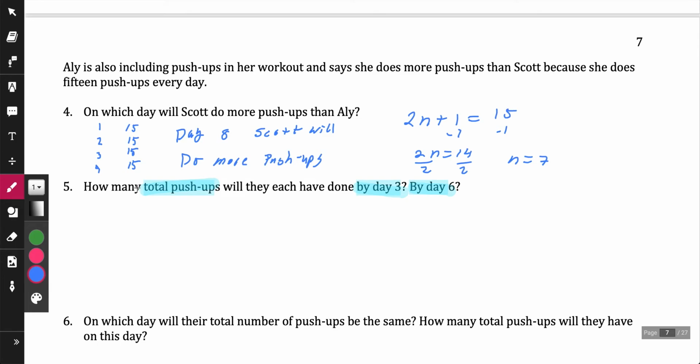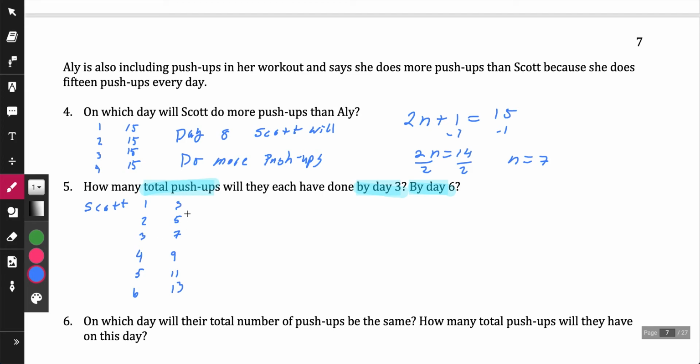So Scott started off doing on day 1, 2, 3, 4, 5, 6. So he started off doing 3, then 5, then 7. Then he did 9, 11, 13.